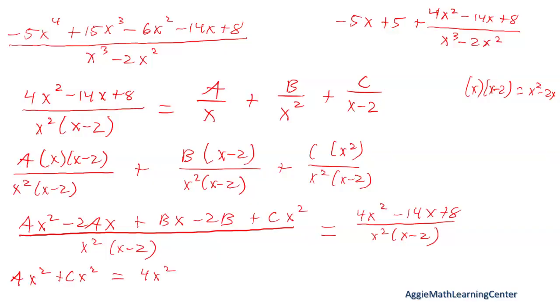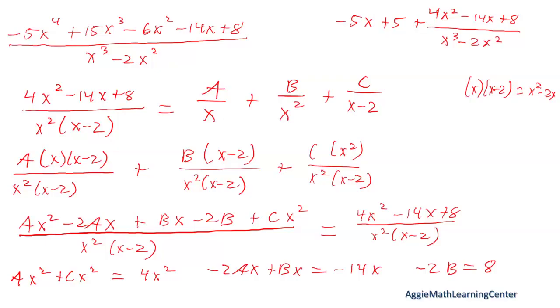And you have a negative 2ax plus bx going to have to equal negative 14x. And your negative 2b going to have to equal 8. And that comes from just grouping together those like terms.